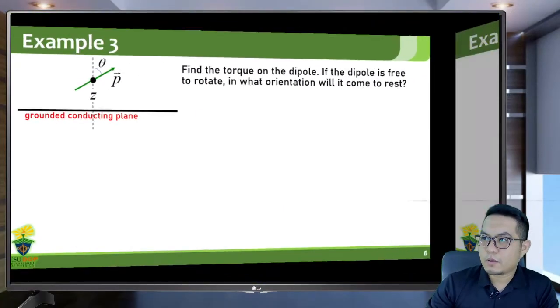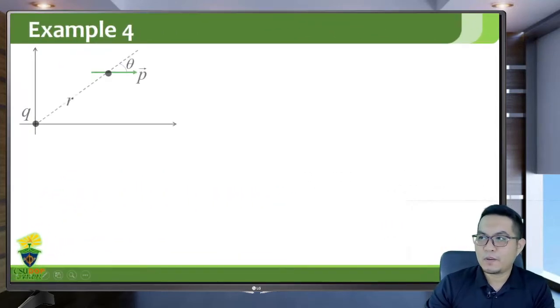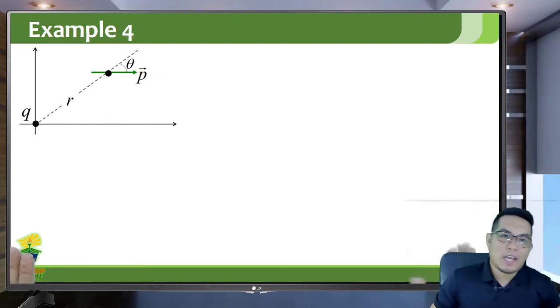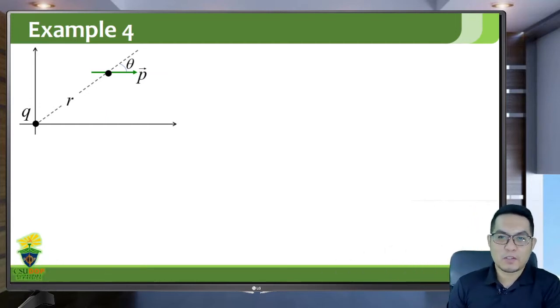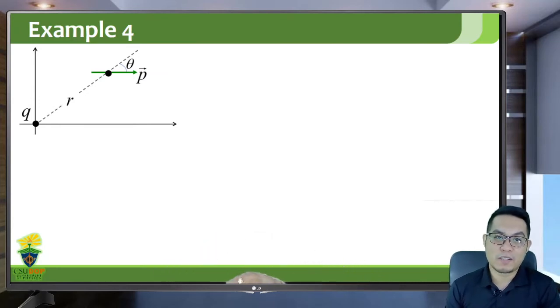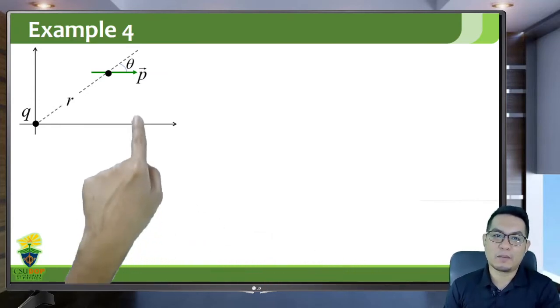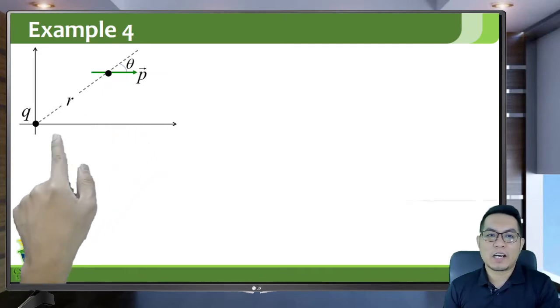So let's now go to the last example for this lesson. We have a dipole and a point charge. We have actually solved a similar problem in the previous lesson. We have a dipole, which is the neutral atom that was polarized. It became a dipole. It has a dipole moment, and it's a distance r from the point charge.